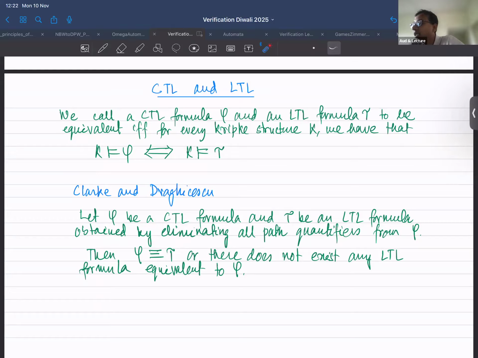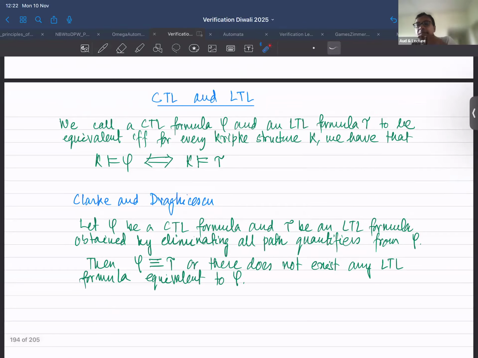Do you recall, we looked at some property like this, that there was some property we saw which one can express using CTL, but there was no LTL formula which could express that property? Do you remember? What was such a property?